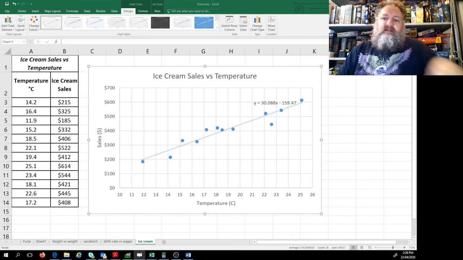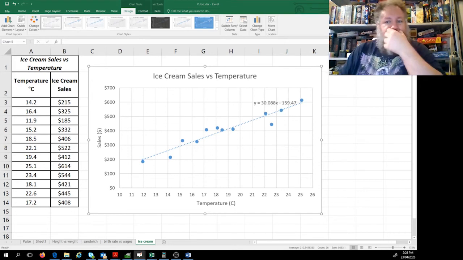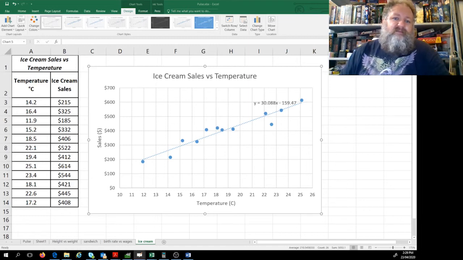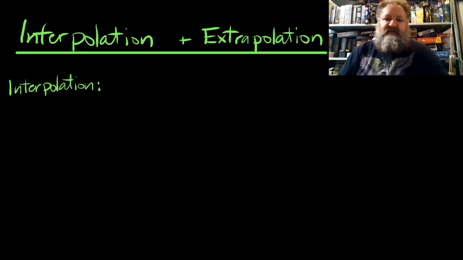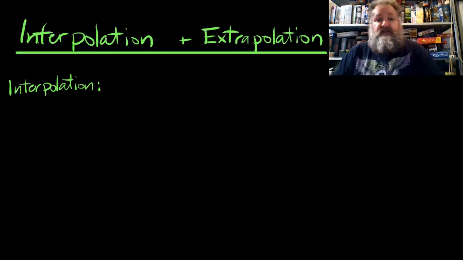That means we will be able to think about what they would expect to sell on that day. So let's have a look at the actual maths involved in this interpolation.